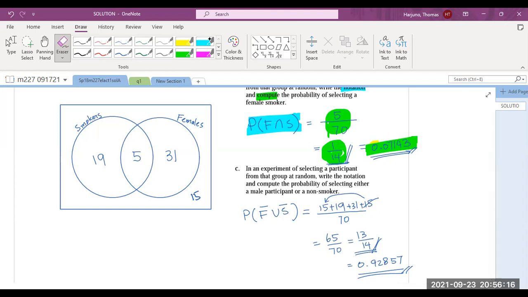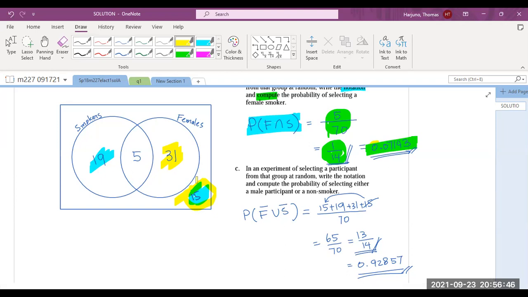You need to see not females refers to this, or not smoker refers to this. Now, when it is an or, you count it if you highlight it at least once. Once you highlight it either with blue or yellow, you count it.